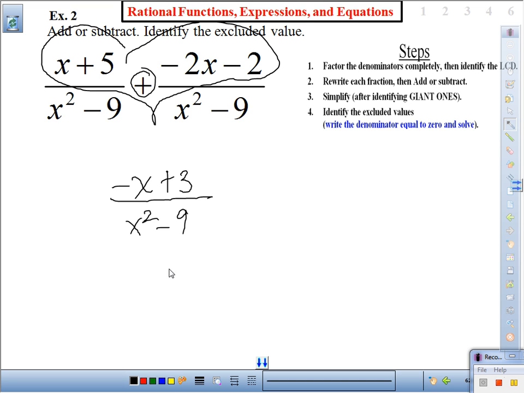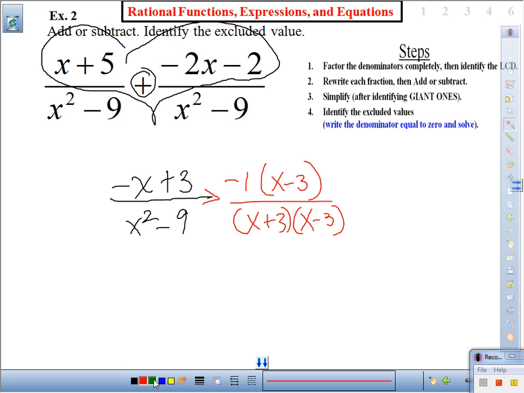Yeah, now we can simplify. So, let's factor the numerator. What's the GCF here? Negative 1. We're left with x minus 3. What are the factors for x squared minus 9, everyone? x plus 3 and x minus 3. That is correct.